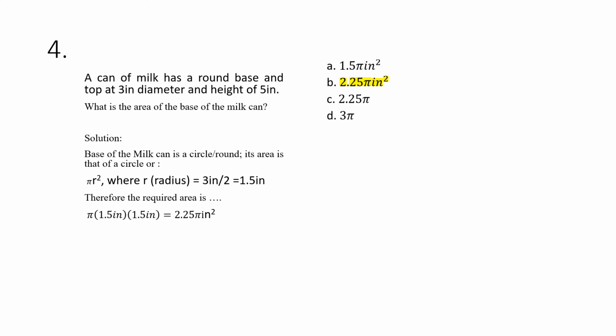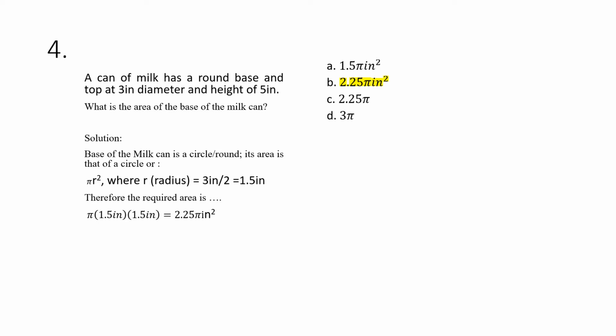For number four, we are given that a can of milk has a round base and a top at 3 inches diameter and height of 5 inches. So to get the area of the base of the milk can, one will have to consider that the base would be a circle or that it is round.